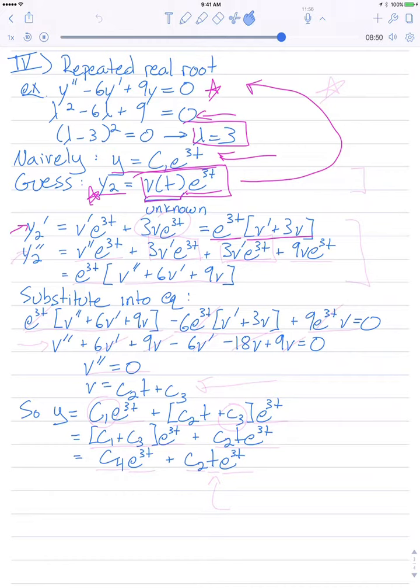To calculate the second derivative, I'll differentiate the line above, and I have to use the product rule a couple of times, but I get v double prime e to the 3t plus 3v prime e to the 3t plus 3v prime e to the 3t coming from the second term, plus 9v e to the 3t. And if I factor out the e to the 3t and combine like terms, we find e to the 3t times (v double prime plus 6v prime plus 9v).